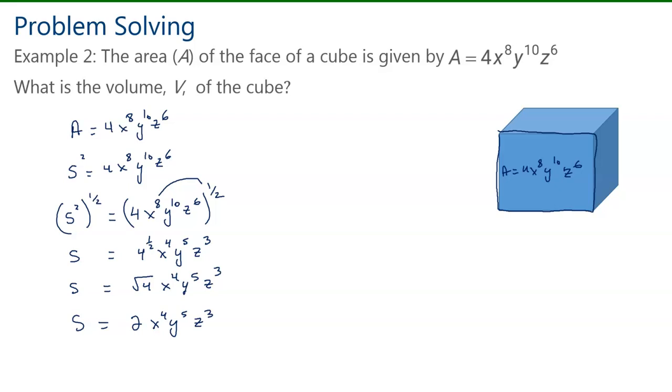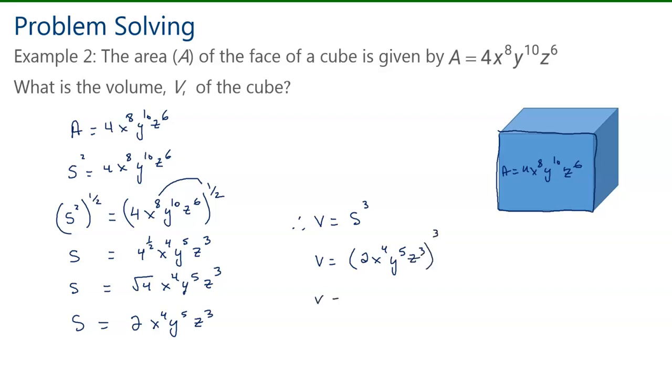But we're not done because we were asked to find volume. We know that the volume for a cube is the side length cubed, or length times width times height, but it's all the same length, width, and height, so it's just side length cubed. So our volume is 2x to the 4, y to the 5, z cubed, all cubed.